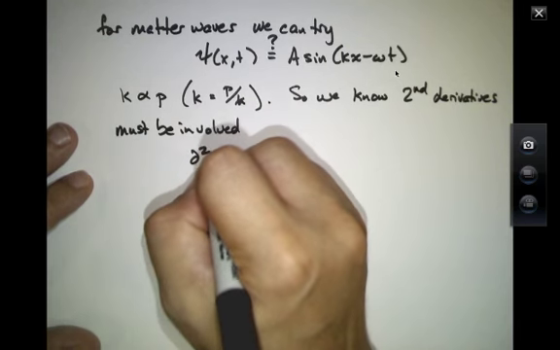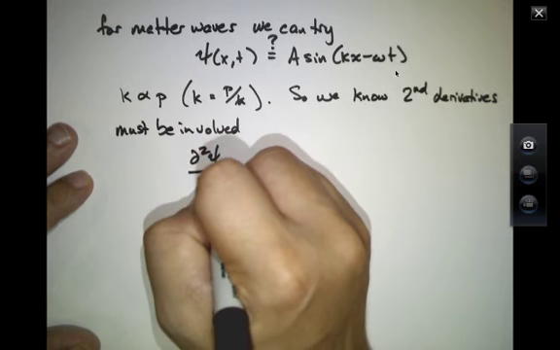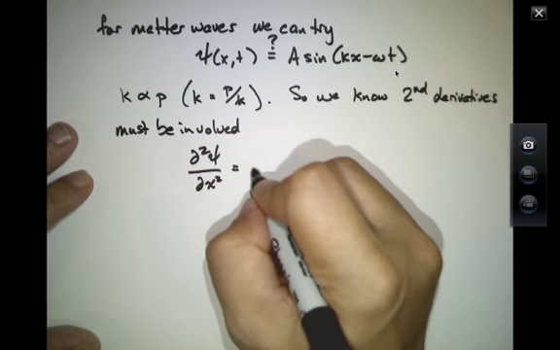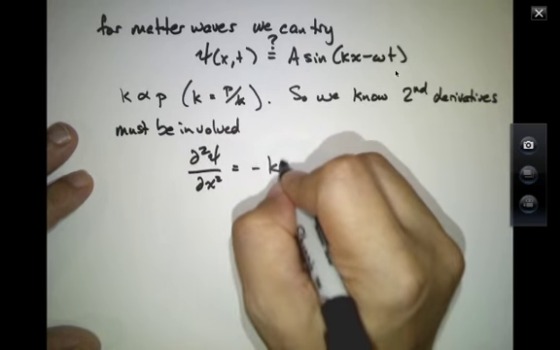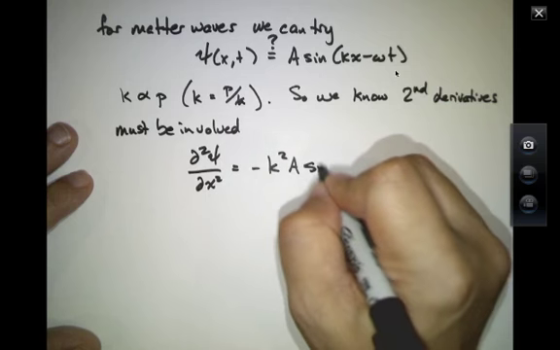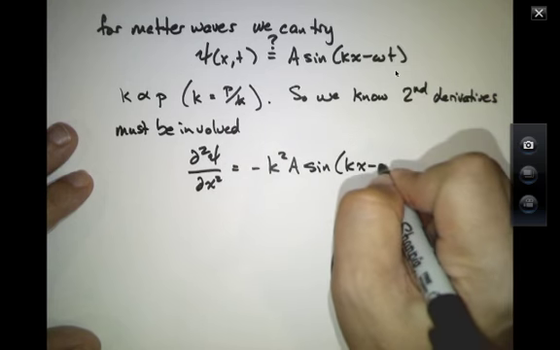So we can write down what is d squared psi dx squared. This would equal minus k squared a sine of kx minus omega t.